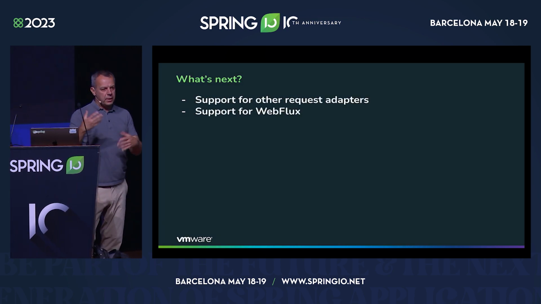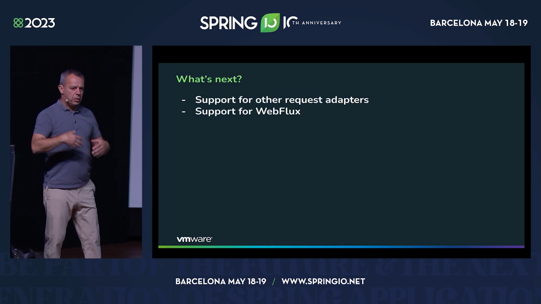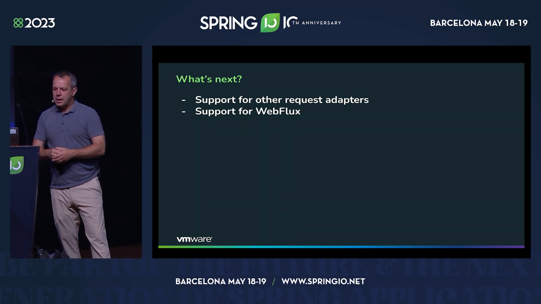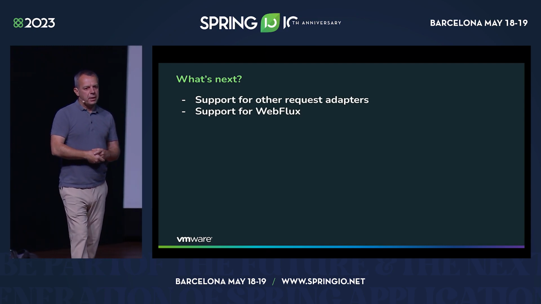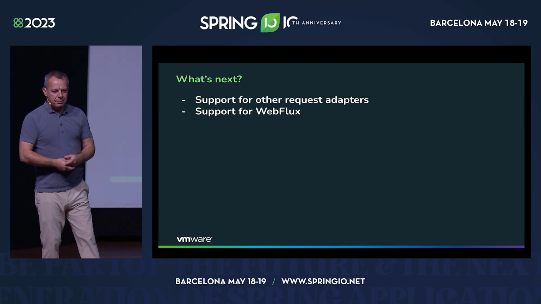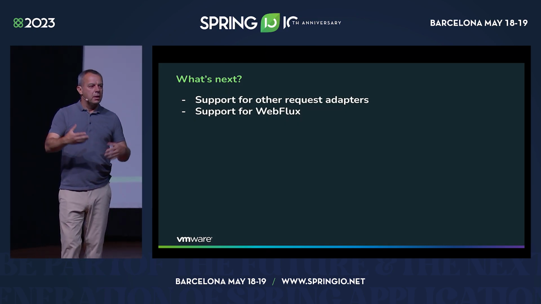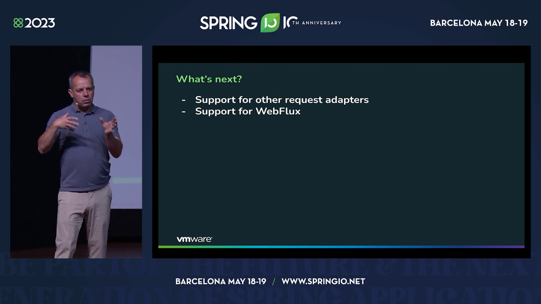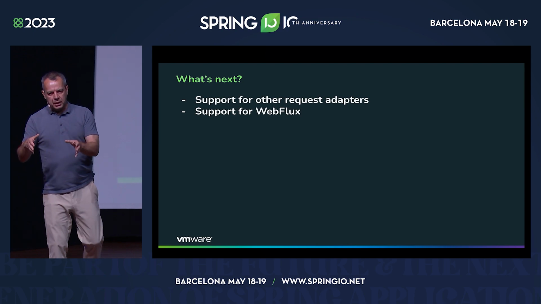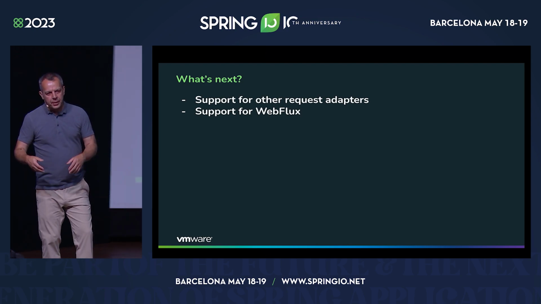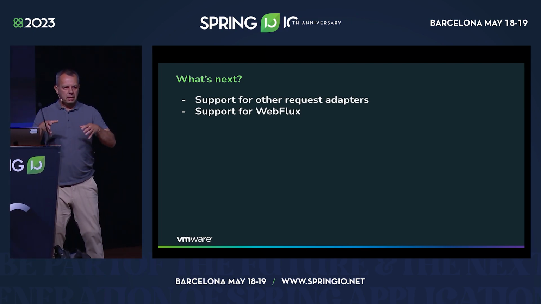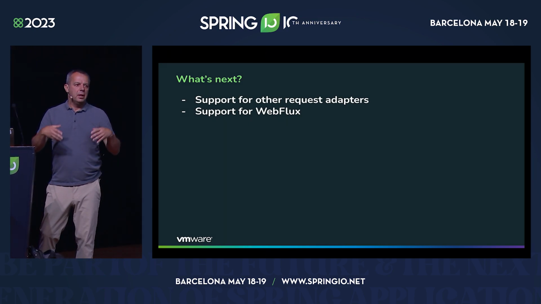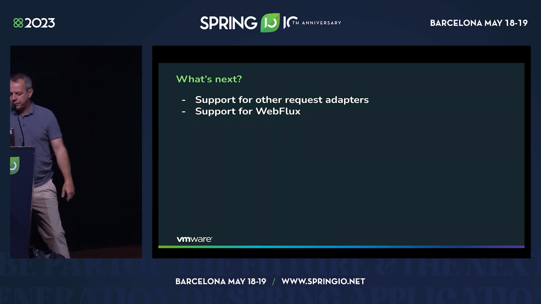So what's next? Like I said, we're going to enhance the current support within the current Spring Web stack and, based on community demand, start providing various adapters to convert those types of proprietary requests to HTTP servlet requests, so you can reuse your existing Spring MVC or Spring Web apps in whatever execution context you want.